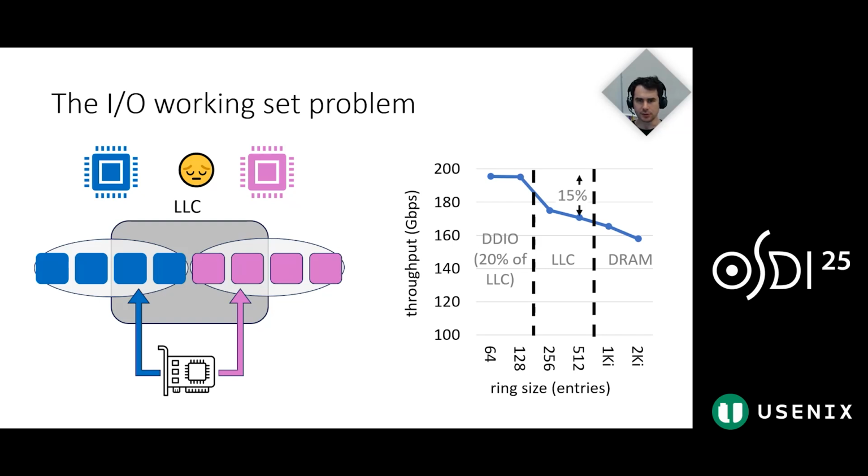Finally, with rings of 1024 entries or larger, the working set exceeds the last level cache, and all data goes through DRAM, resulting in up to 20% throughput degradation. The takeaway from this is that shrinking receive rings may benefit application performance.